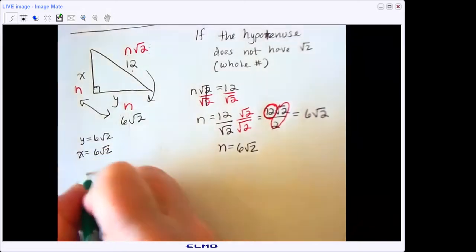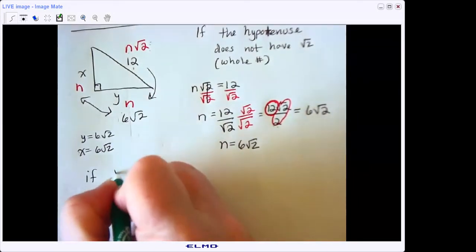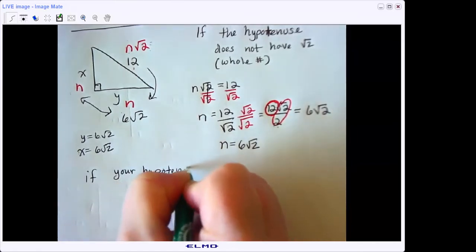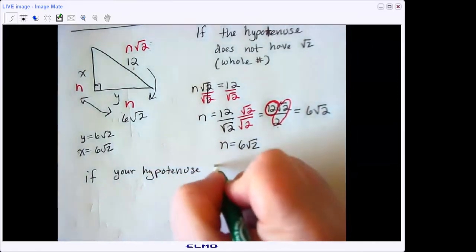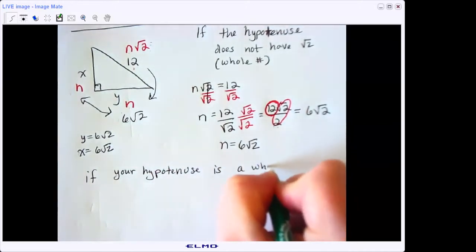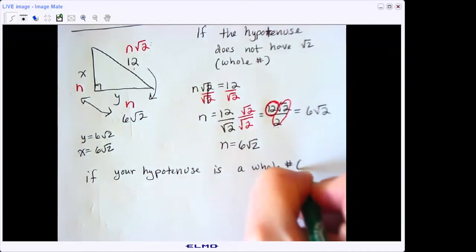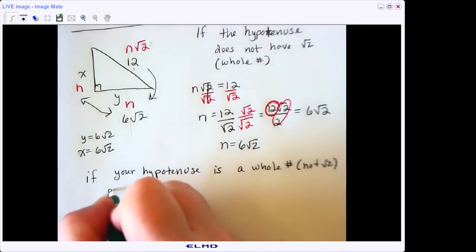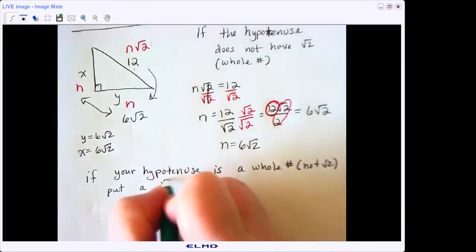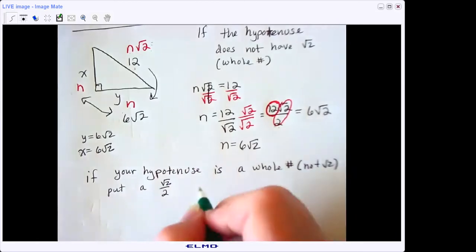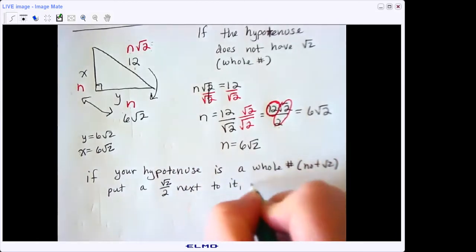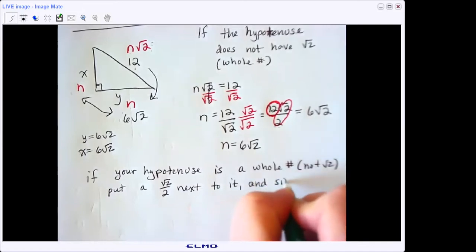So we're going to write this down. If your hypotenuse is a whole number, or anything that's not a root 2, okay, put a root 2 over 2 next to it and simplify.